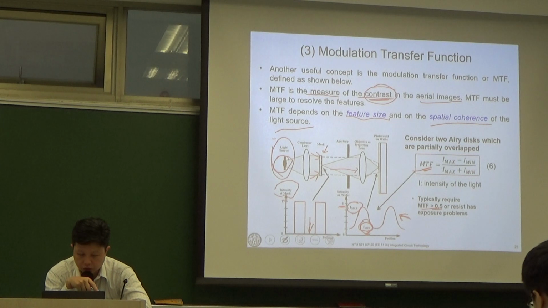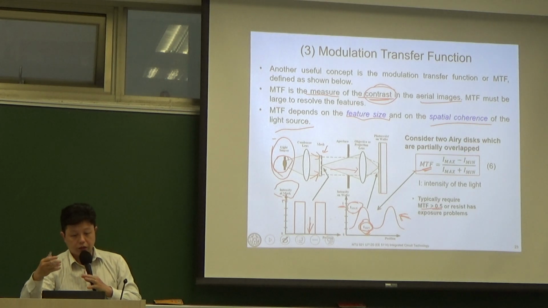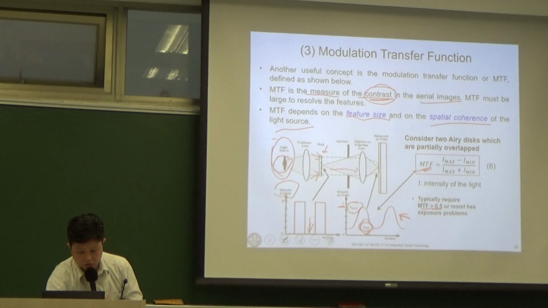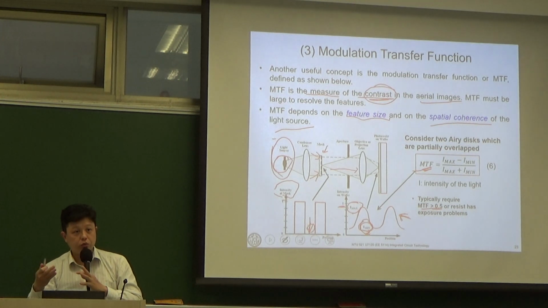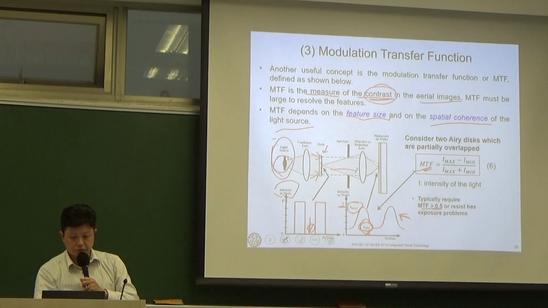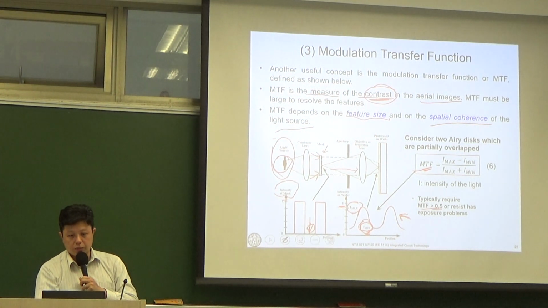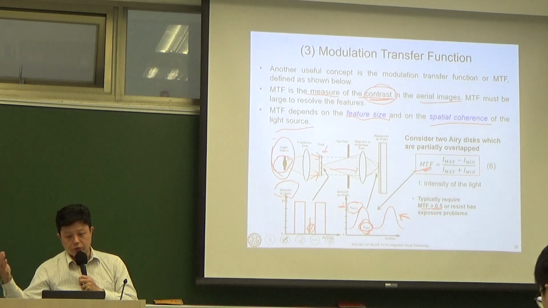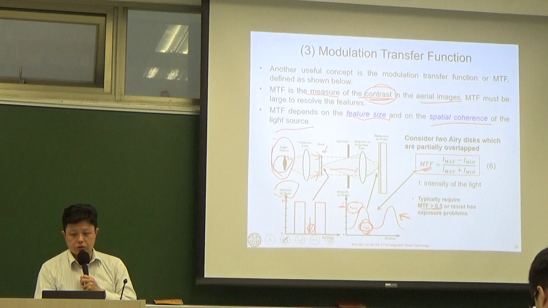Also, because of the incident angle, you will have minimal light in between these two patterns. So that will give you a modulation transfer function of your light, and that will affect the aerial image on the surface of your photoresist.